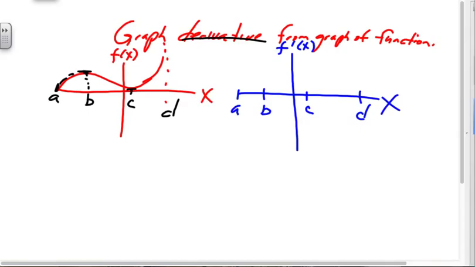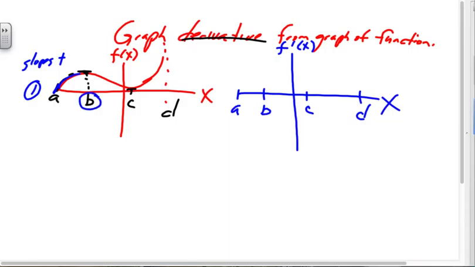What you notice here is this function is increasing, which means our slopes are positive. Here I've got a slope probably around 1, more or less, although what it actually is doesn't matter. And not only are my slopes positive, but they're decreasing.